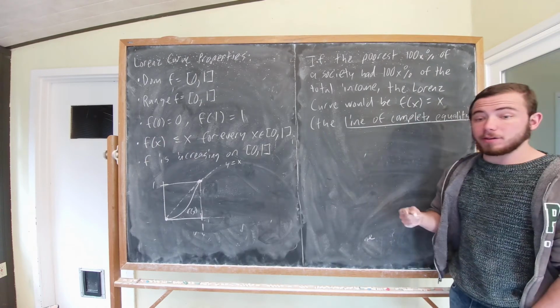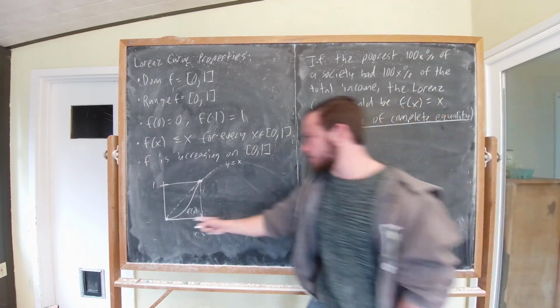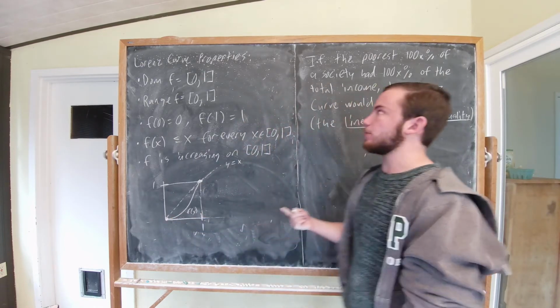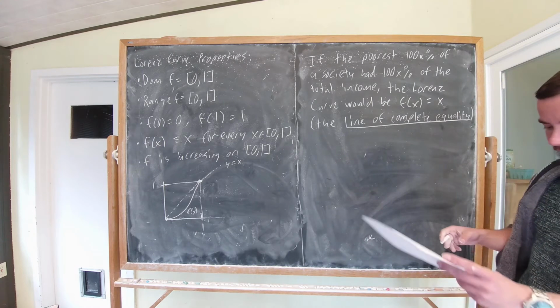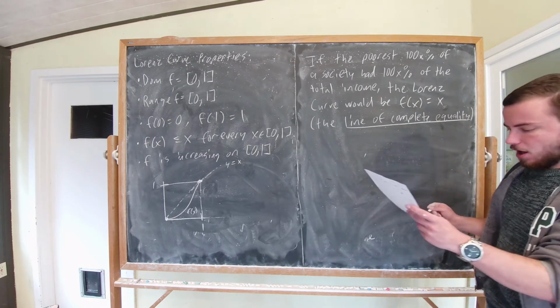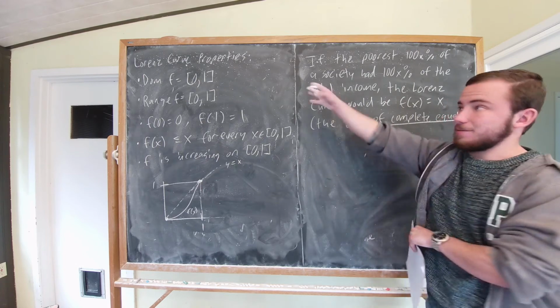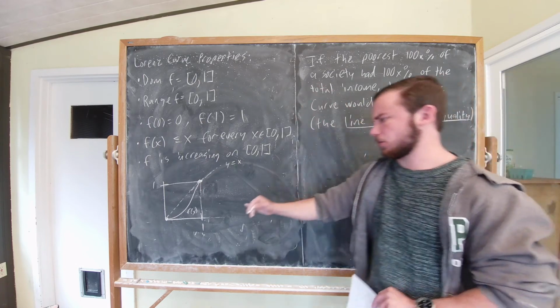Why is this the line of complete equality? Because for every person you add, you're adding the same amount of wealth. So, equitable society. All right, well, clearly not all Lorenz curves are this line, right? They just have these properties, but they aren't necessarily all this line.